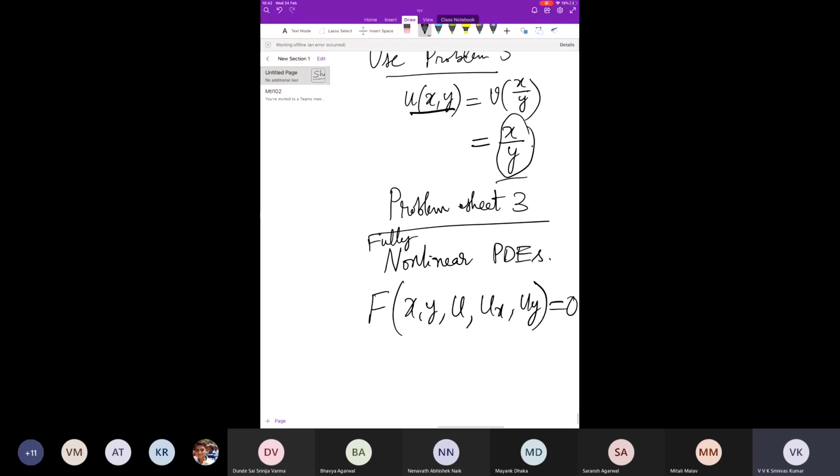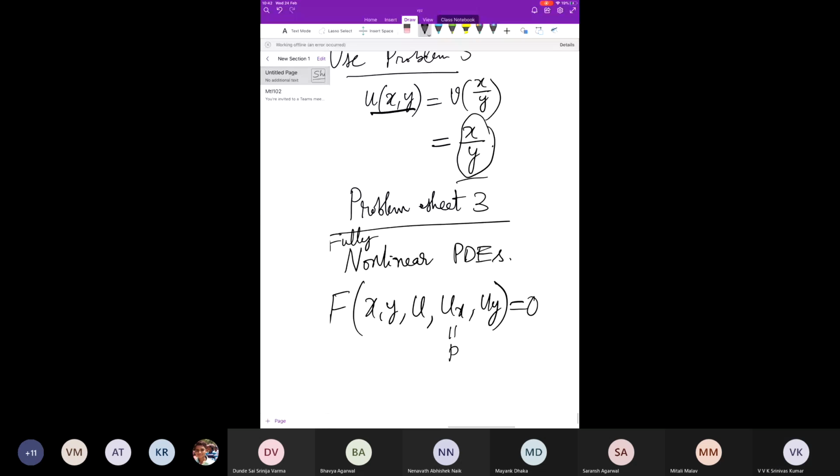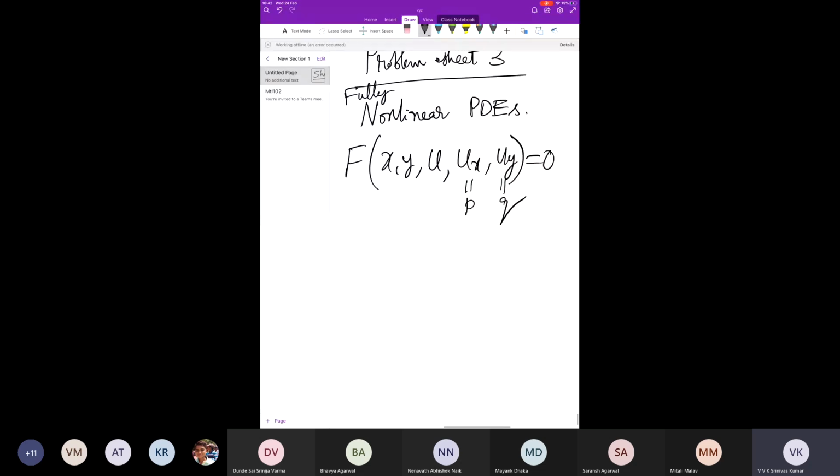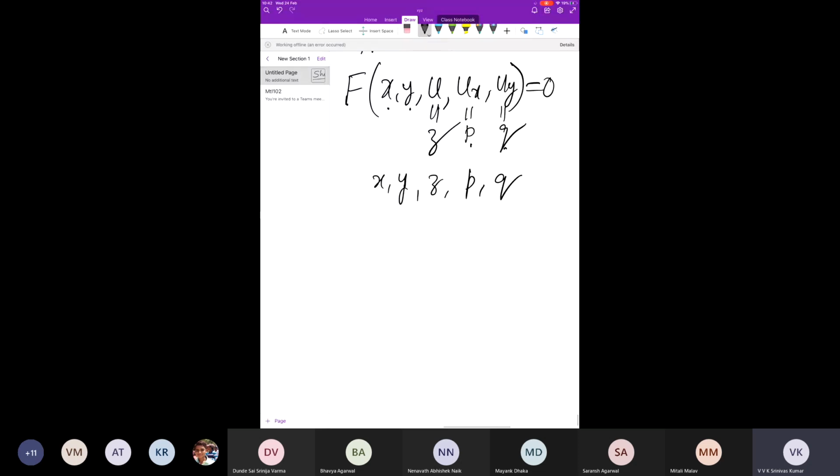Okay, this we are calling P, and this we are calling Q. So now this has become a function of 5 variables: 1, 2, 3, 4, 5 variables, x, y, z, p, and q.